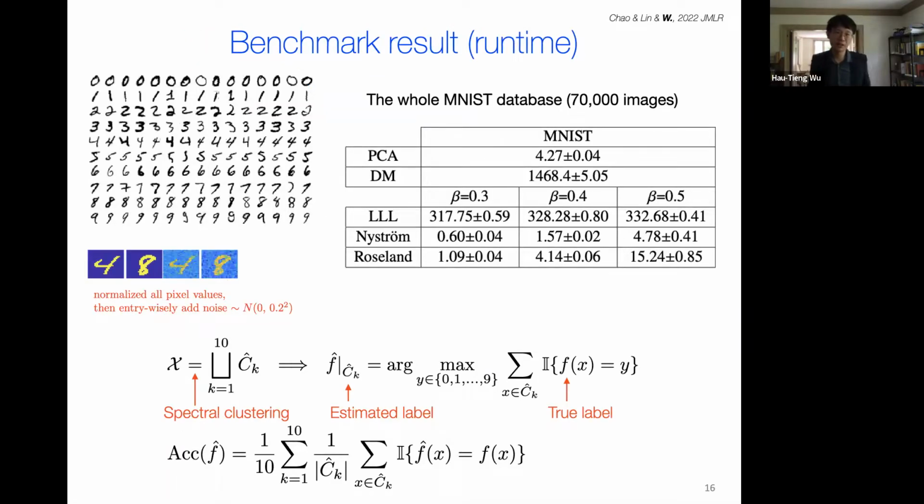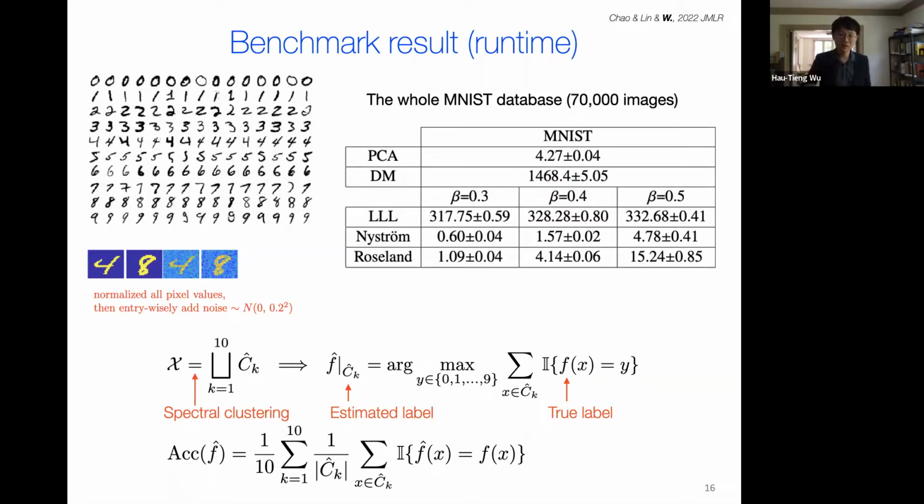Okay, so here is a very quick benchmark result, so that you have a basic idea. The MNIST database is a very standard benchmark, which nowadays is considered too old and maybe not interesting, but I think it's a good, very basic one to compare different algorithms. The runtime over 70,000 images using diffusion map is about 1400 seconds.